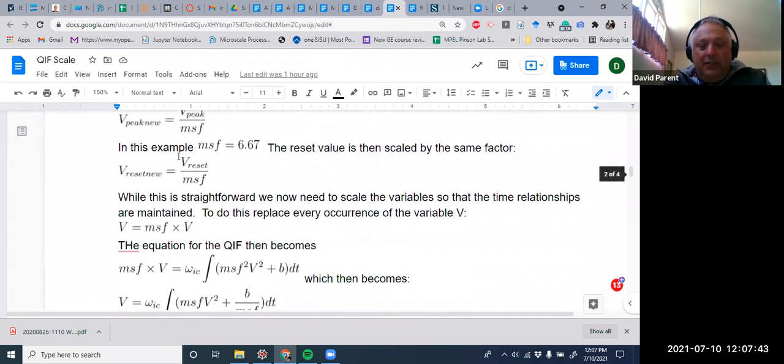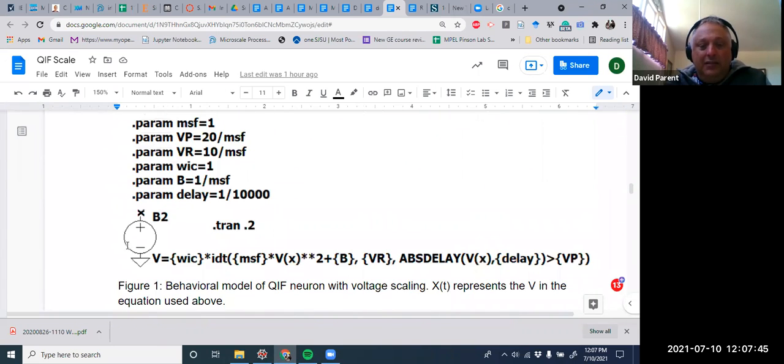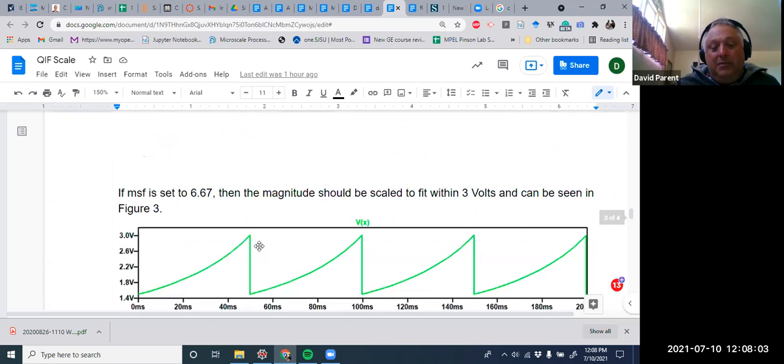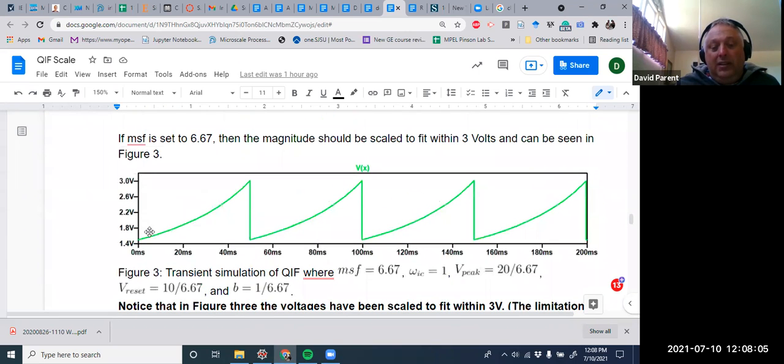And this is just showing how to scale things. In LTSpice, you can do integrators, and you don't even have to use an op amp. You can just write out these equations. And then you use an op amp circuit, and you can tell the difference between the theory and the actual op amp, right? But basically, the quadratic integrating function neuron gives you the most neural modeling capability for the computational cost.